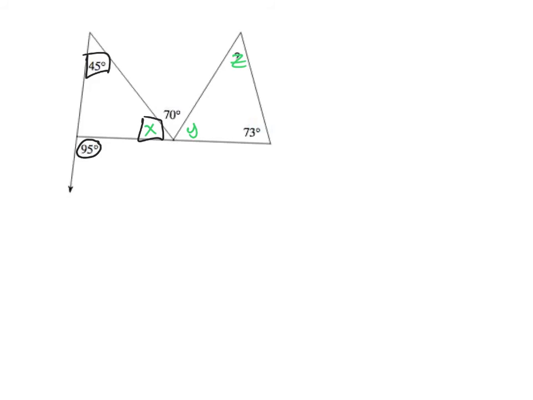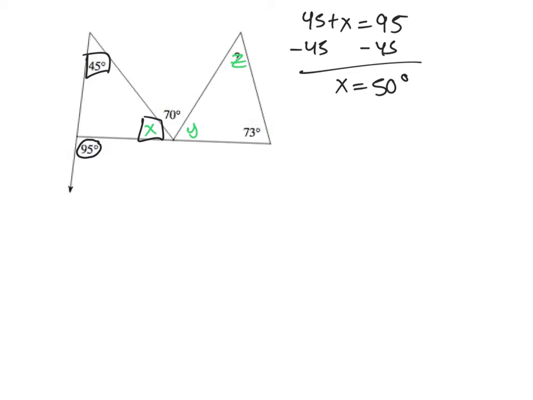Remember, if you add the remote interior angles together, the sum is the exterior angle. So 45 plus x is equal to 95. To solve for x, subtract 45 from both sides, and x is 50 degrees.